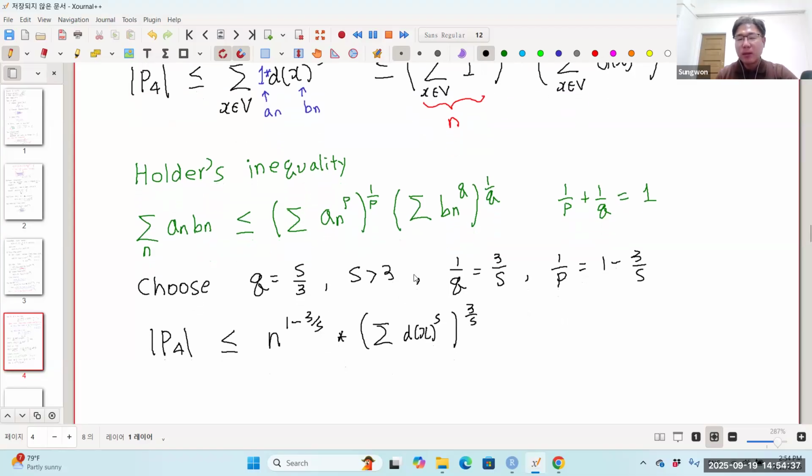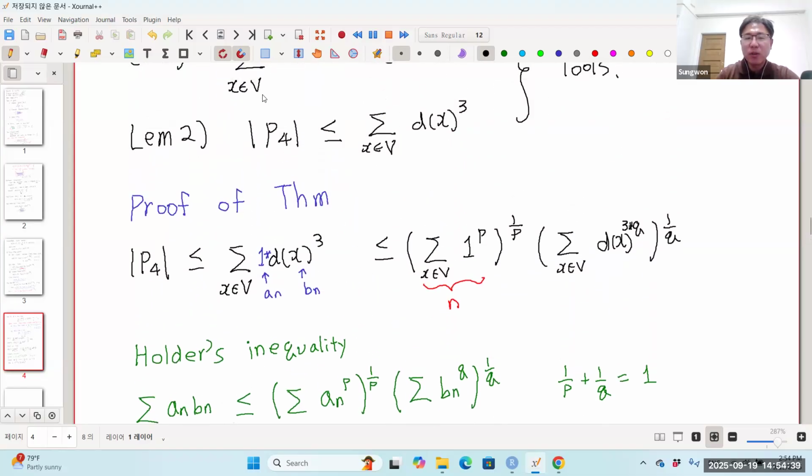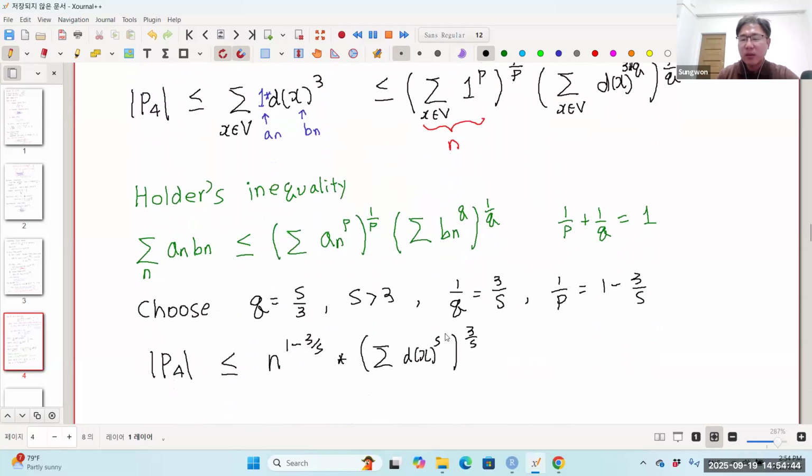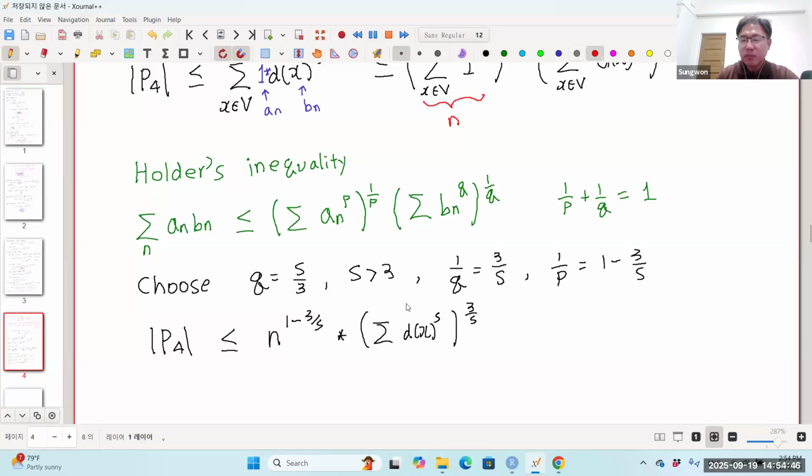Okay. And then from lemma 1, actually from the corollary, we have that this one is n to the s, so from the corollary.